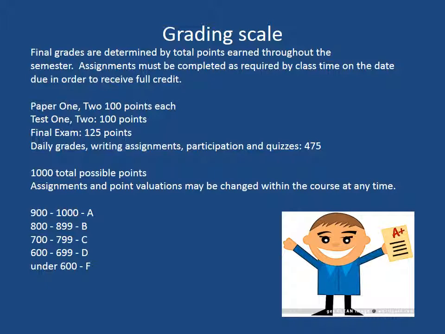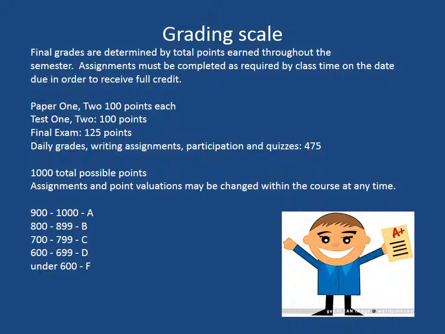And then everything else is the rest of the 1,000-point total, which would be 475 points. So you have a possibility of 1,000 points for this course. You need 700 to get a C. 900 points is an A, 800 points is a B, 700 points is a C. Under 700 points, you're not going to get a C and pass the course or get credit for the course.